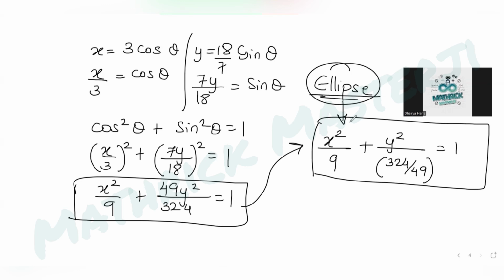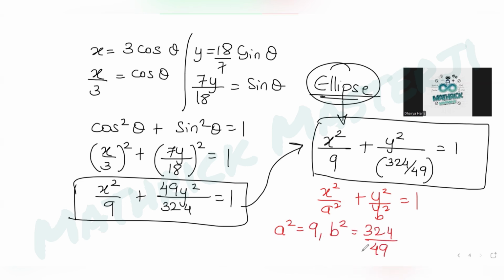So when it is the equation of ellipse, if I just compare this with my general form of the ellipse, a square is 9, b square is 324 divided by 49. So from here, what I get is a is 3, b is 18 over 7.